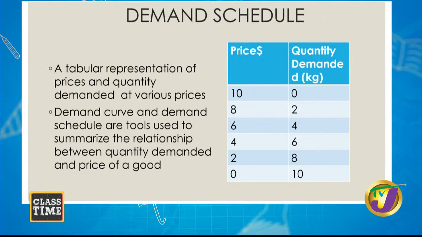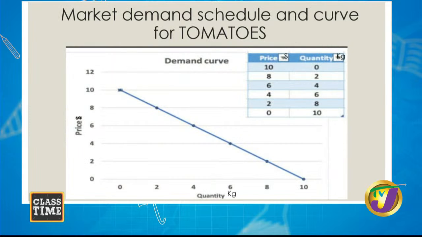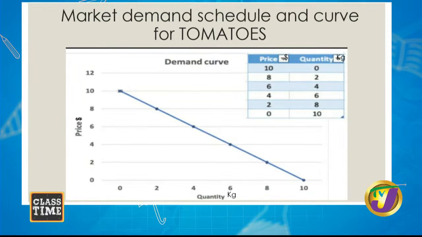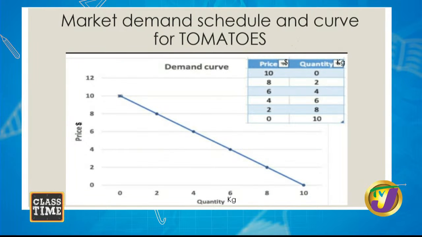So let's look at the example, putting our schedule on our curve. This is what we call a demand curve. The demand curve slopes from left to right. This is a representation of tomatoes in the market space. Our prices are reflected on the y-axis and our quantity is represented on the x-axis.